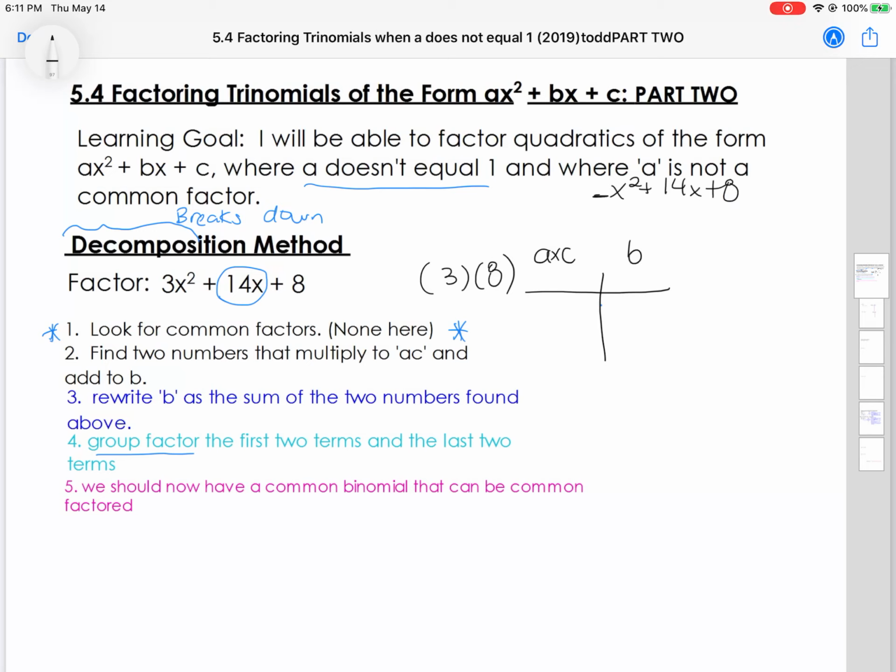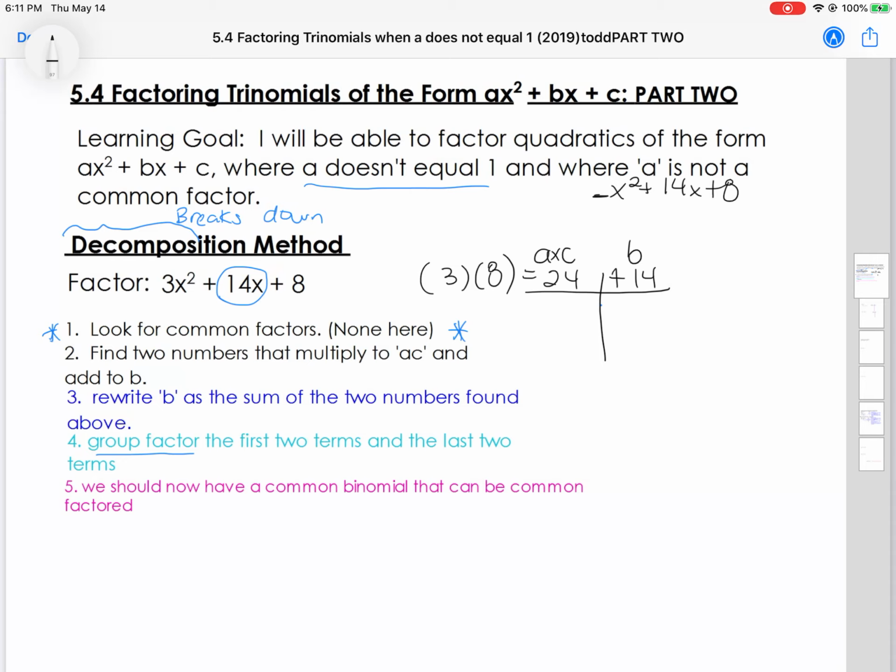There was no term out front. So that's a 1, and multiplying by 1 doesn't change anything. Now this time you need to figure out which numbers multiply to give A times C. And then B, you're still adding. So we're still looking for numbers that add to 14.